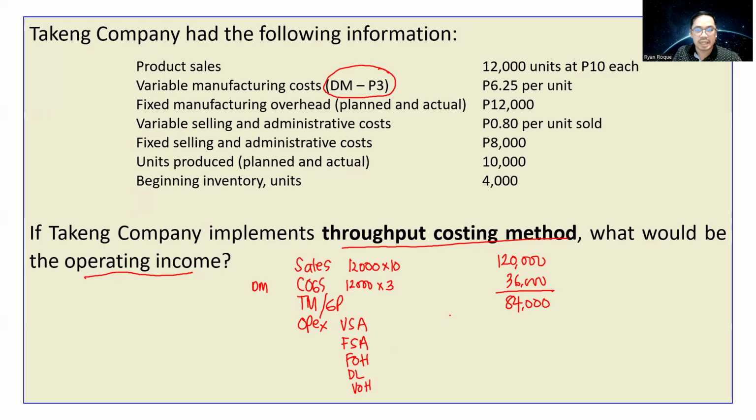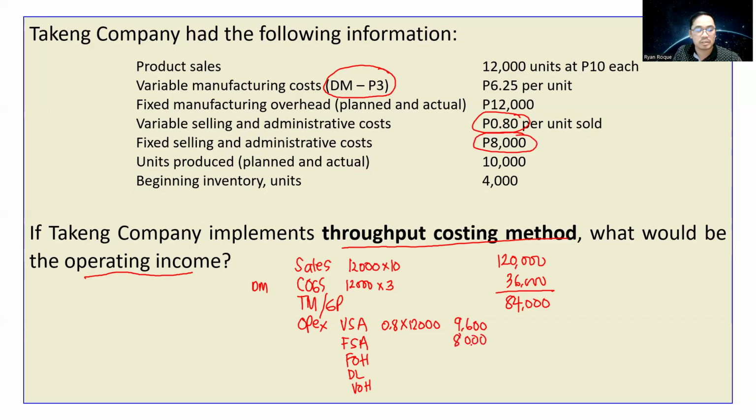So the variable selling and administrative cost is 0.8 times the number of units sold. So how much is that? 0.8 times 12,000. So the answer is how much? 9,600.